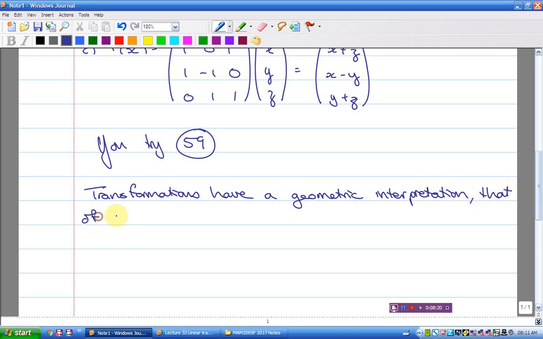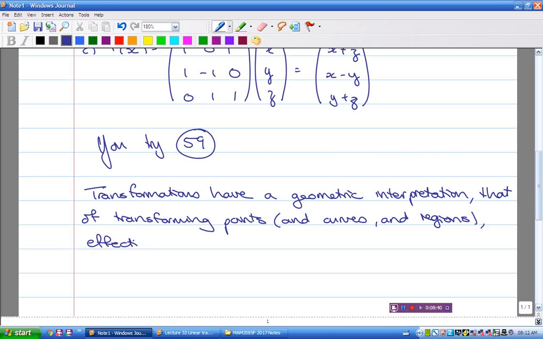That of transforming points and curves, because curves are just collections of points, and regions, because they're also just collections of points. Effectively shifting them.